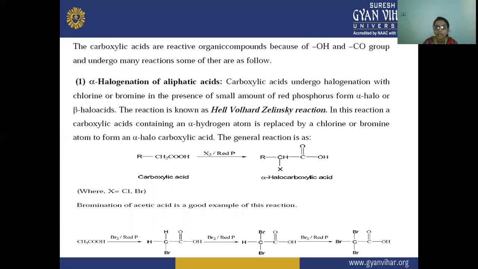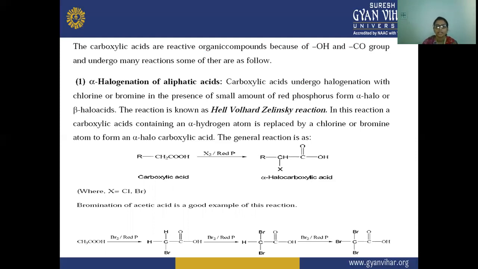In this reaction, an alpha hydrogen atom of the carboxylic acid is replaced by a chlorine or bromine atom to form an alpha halo carboxylic acid, and the general reaction is as follows.